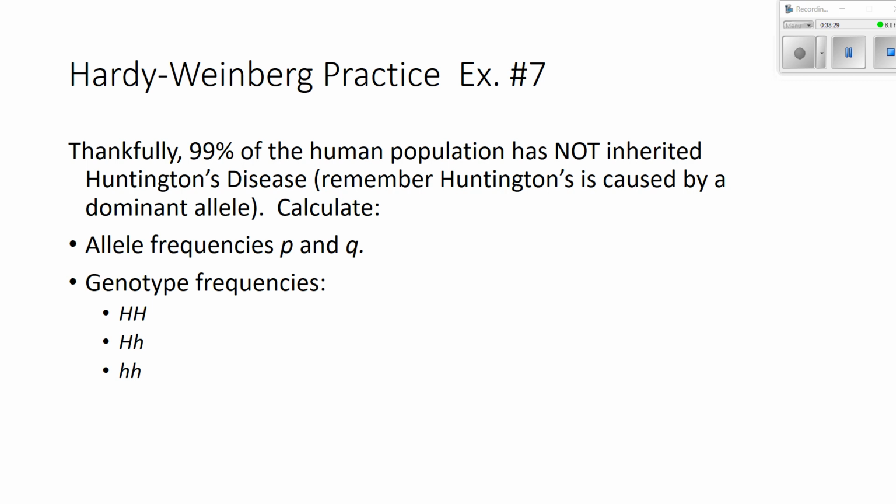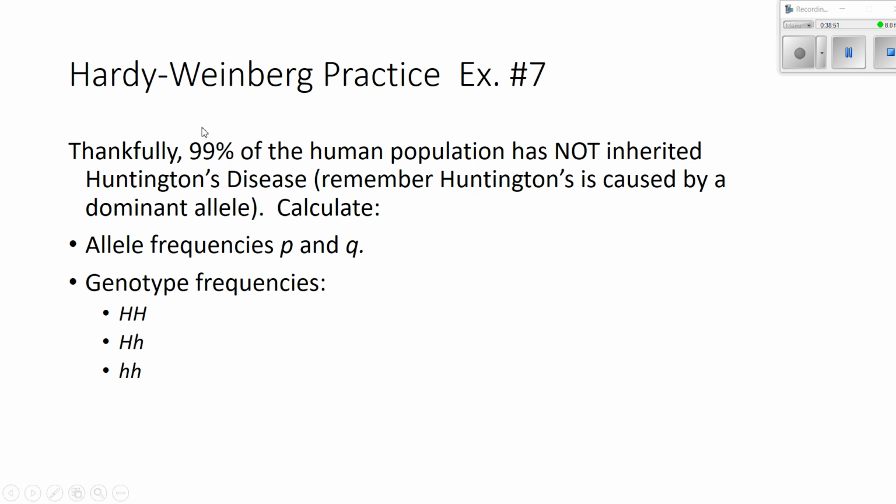It says 99% of the human population has not inherited Huntington's disease, and that's a good thing because it's a horrible neurodegenerative disease. If you find out that you've inherited 1 copy of this dominant allele, it's inevitably fatal.